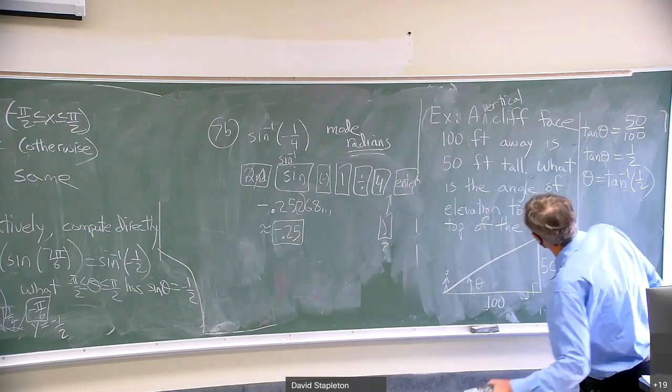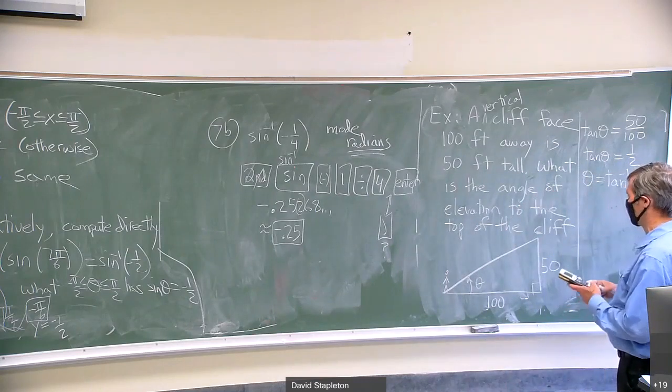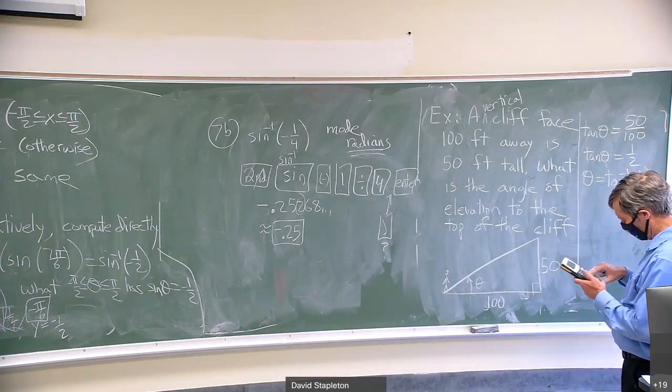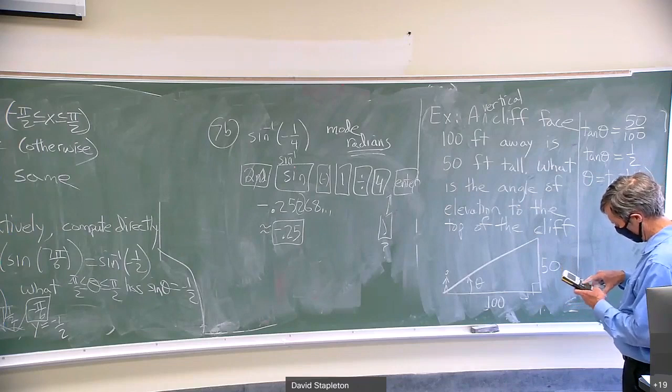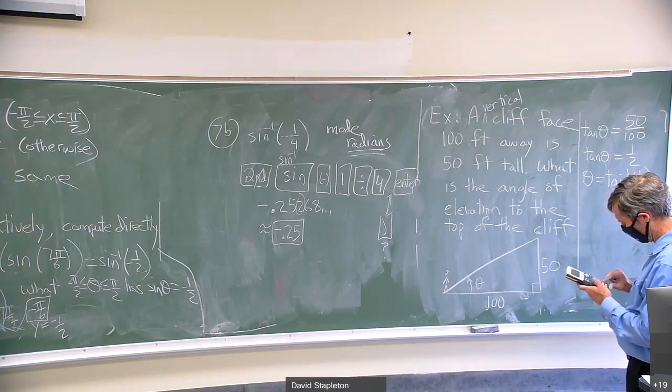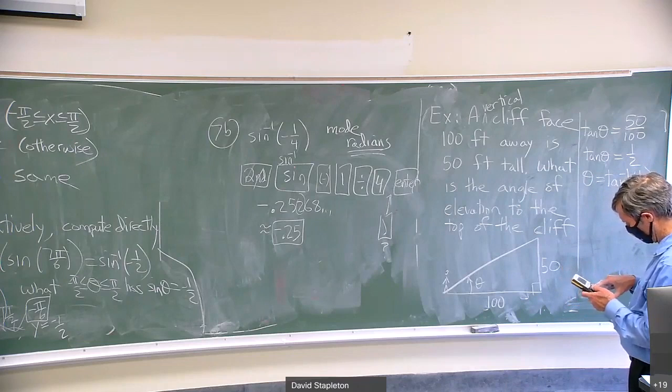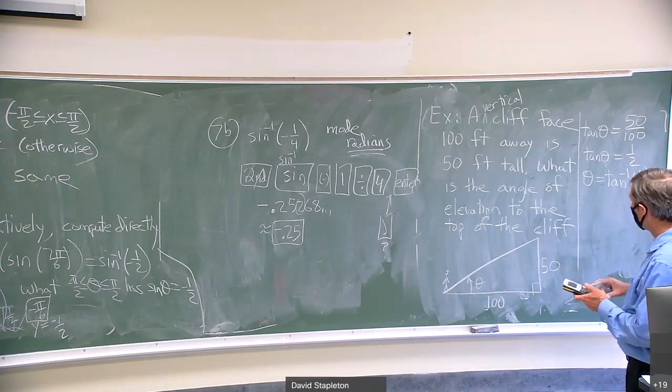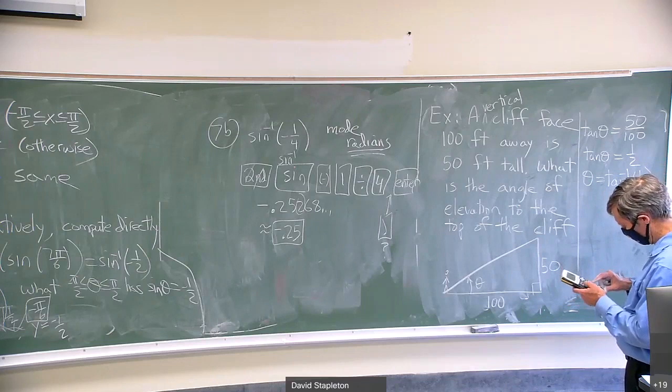And we just run that on the calculator. Now I want to put it in degrees mode, suppose. So I'm going to switch the calculator over to degrees. And push second tangent, 0.5.